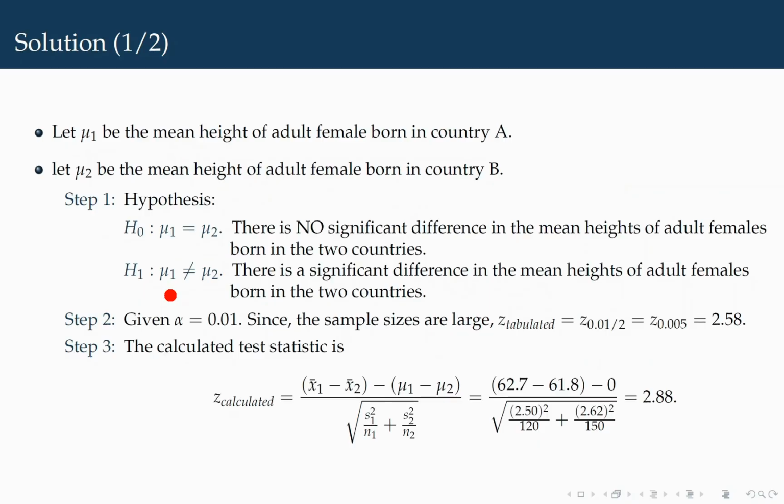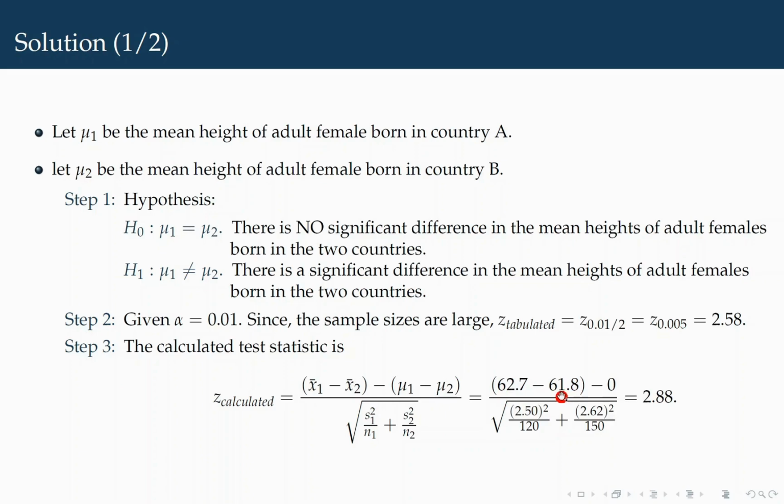Specifically, here if we look at 62.7, this is the mean height of adult females born in country A, and this one, 61.8, is the mean height of females born in country B. So 62.7 minus 61.8 is positive.